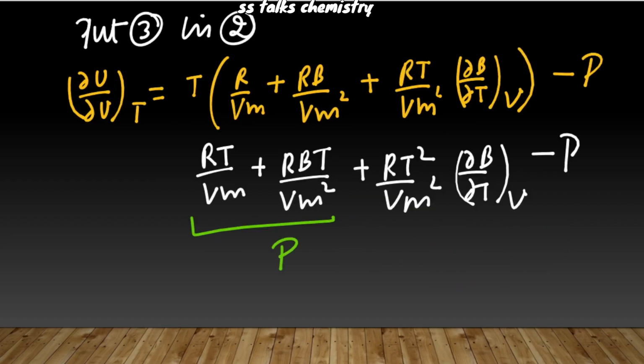So that means it is also your pressure only, plus RT square upon the Vm square into del B by del T at constant volume, minus the pressure. So this pressure and this pressure will get cancelled out.